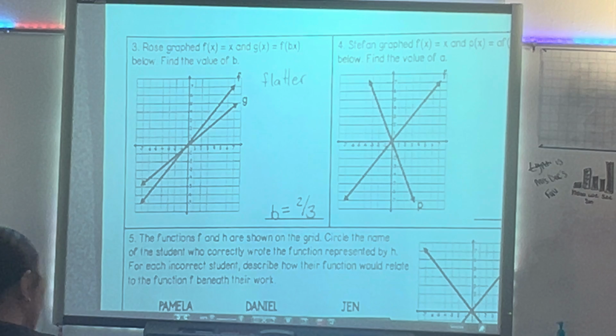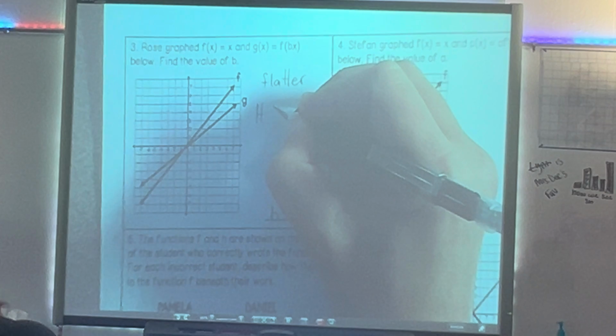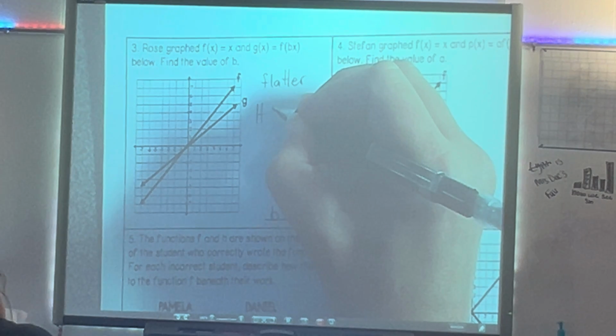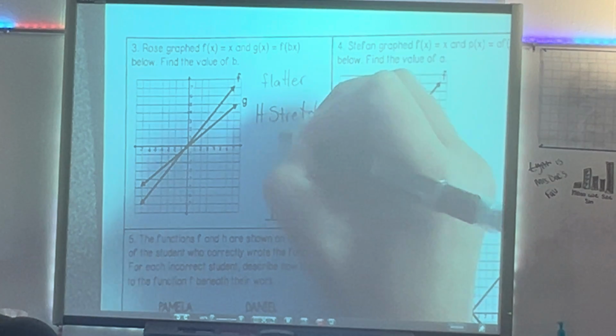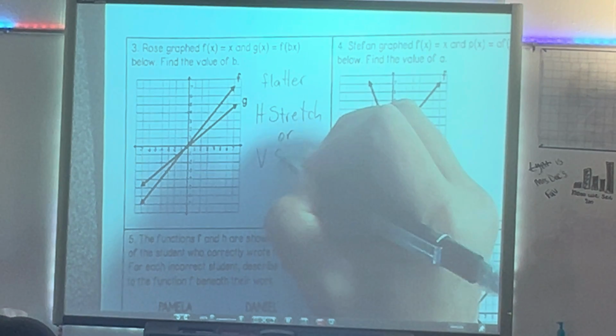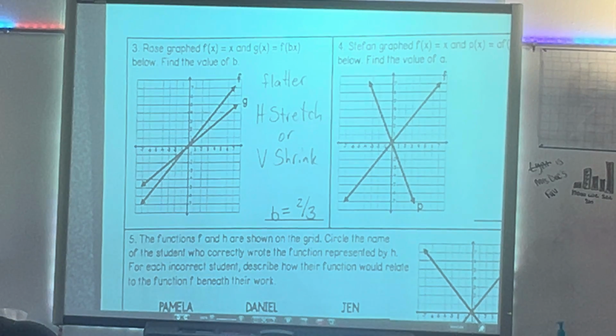They didn't ask me to do that, they just asked me to find b, and we found it. Everybody good? So it could be an H stretch or a V shrink. And we don't know which one it is, we don't have enough information just by looking at it. Everybody okay there?